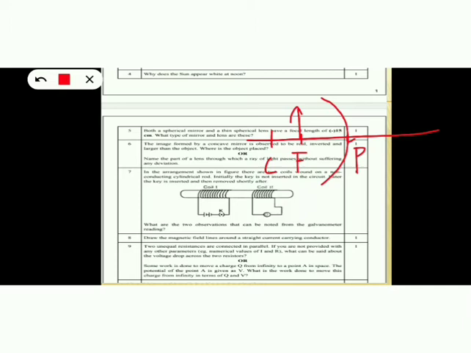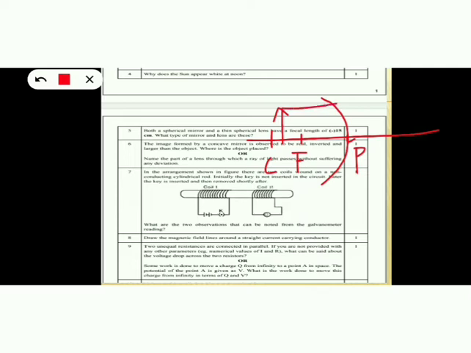Hence it is better to write the previous position, that is when the object is between center of curvature and focus. So when the object is between center of curvature and focus, the image is formed beyond the center of curvature, isn't it?